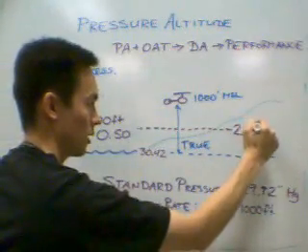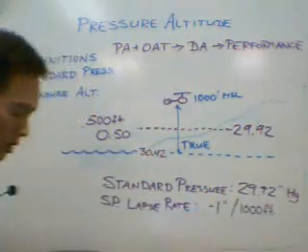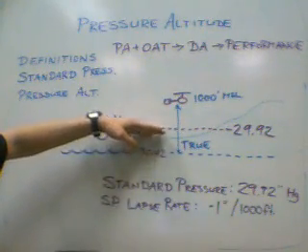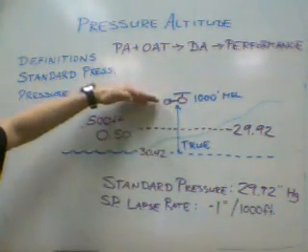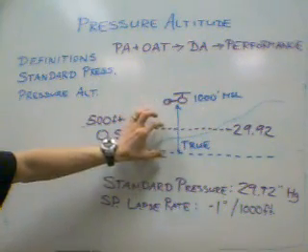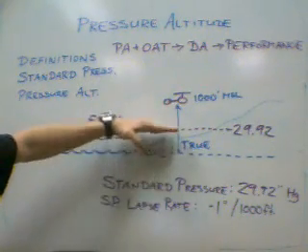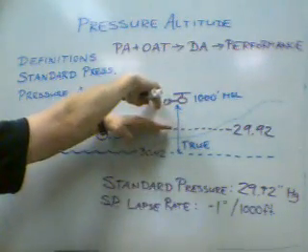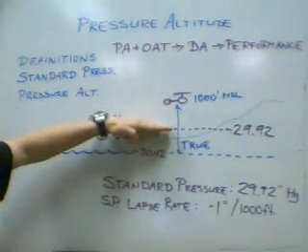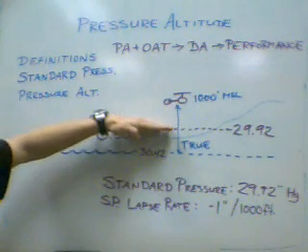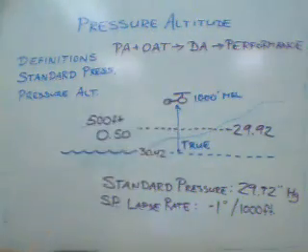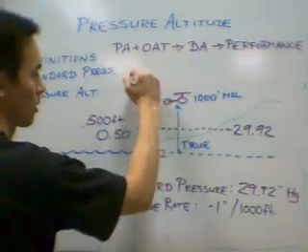Here's 29.92 on this day. Then we can figure out how high we are. If 29.92 is 500 feet above sea level, how high is our helicopter above the standard datum plane? Well, now it's only 500 feet above the standard datum plane, and that's what we call our pressure altitude.